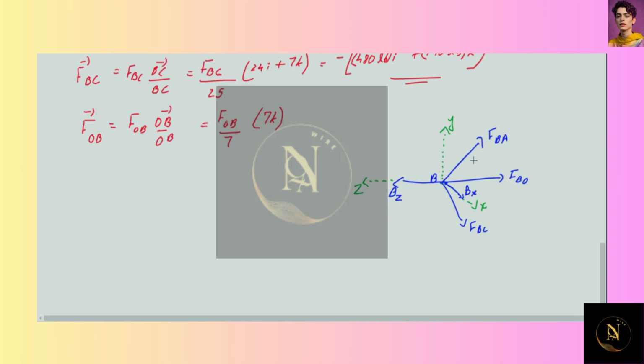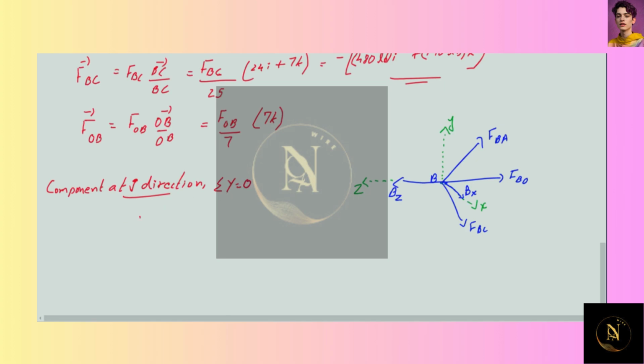Now let's calculate the component in the J direction. To get the component in the J direction, we need summation along y equal to 0.